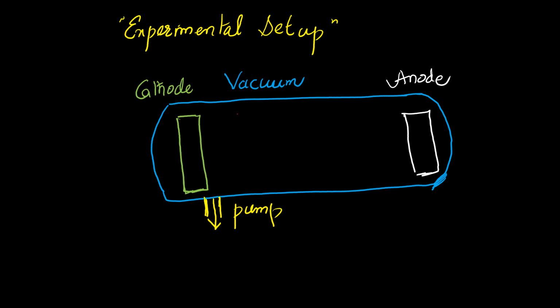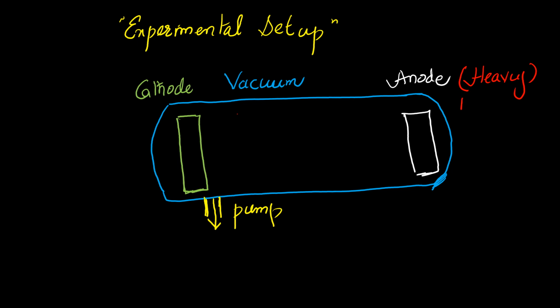Cathode and anode were used in the experimental setup for the production of X-rays. The anode was basically made up of a heavy metal, and different types of metal were used.